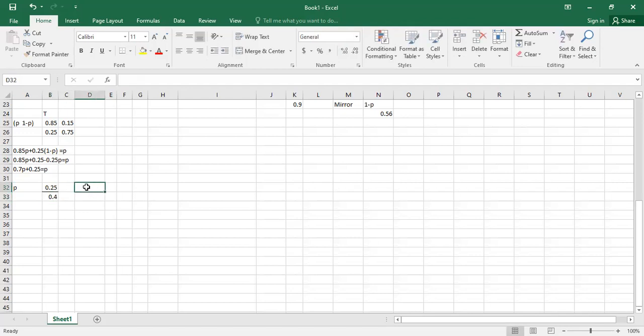What do you get? Why is it not 0.6? We are getting a wrong value. Ask the question.